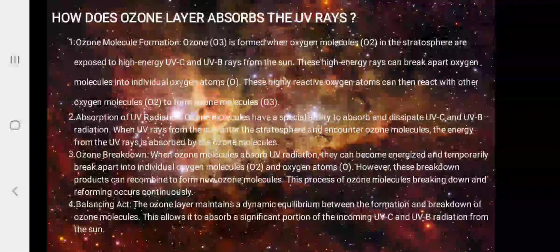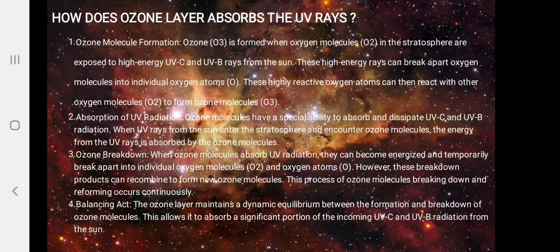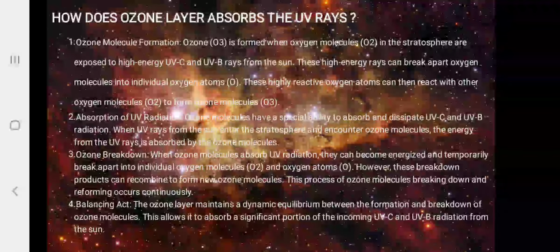This O3 is formed when the oxygen molecules, that is O2, in the stratosphere are exposed to the high energy UVC or UVB rays from the sun. These high energy rays can break apart the oxygen molecules into oxygen atoms. These highly reactive oxygen atoms then react with one another to form O2 molecules or even O3. So the O3 molecule there in the stratosphere is ozone.